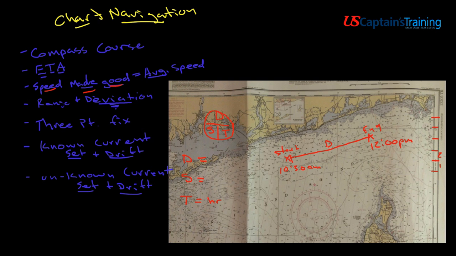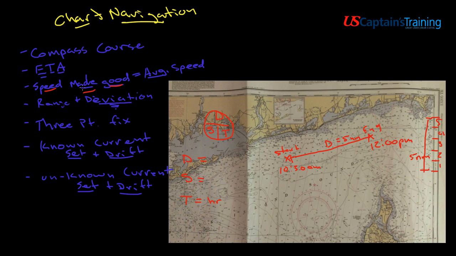So let's say 1, 2, 3, 4, 5 nautical miles here. So you can get a sense of how we can start measuring distances. Now let's assume this distance is that 5 nautical miles. You can see that it probably isn't, but for demonstration's sake, let's say it's 5 nautical miles. And our time, because we're looking for a speed.